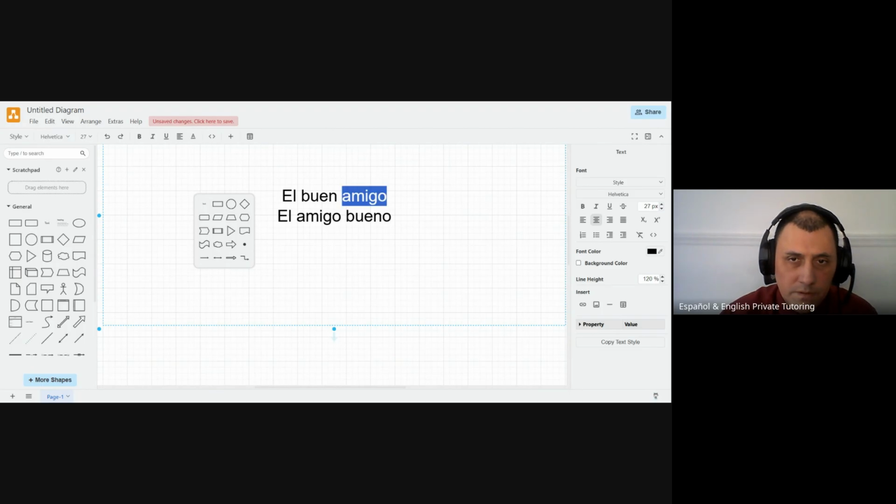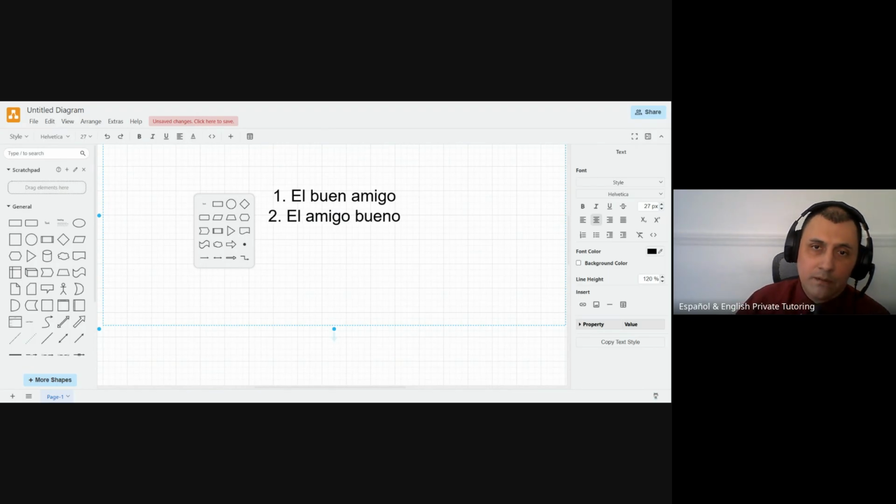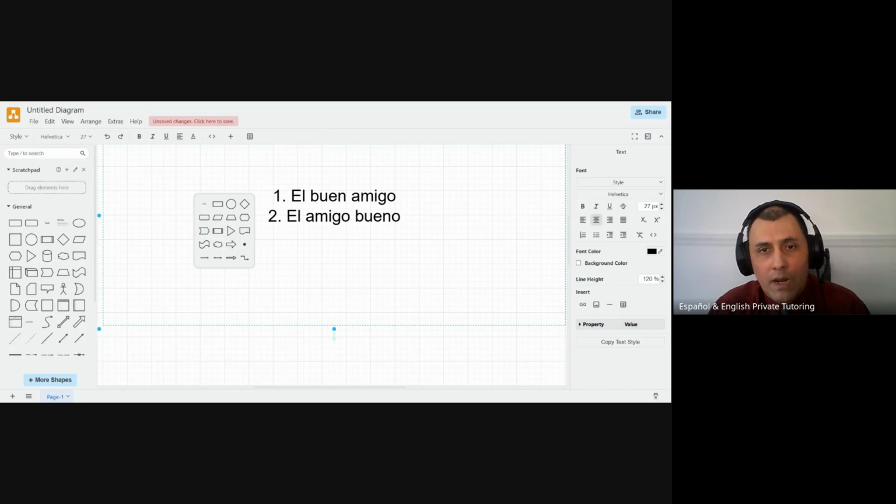But this refers mostly to relationships, friendship, and things like that, not necessarily just to people. So on the first one, what I'm saying is that the good friend means this person is a good friend, someone you can trust or something like that.